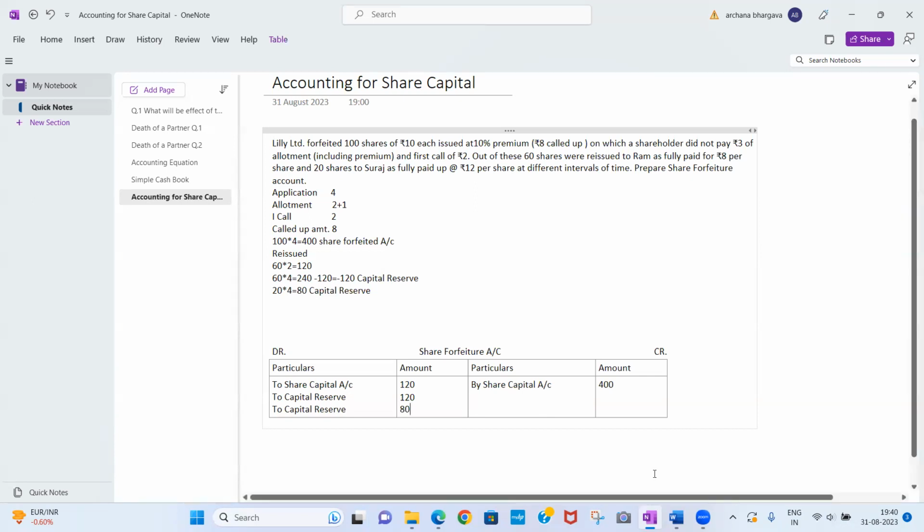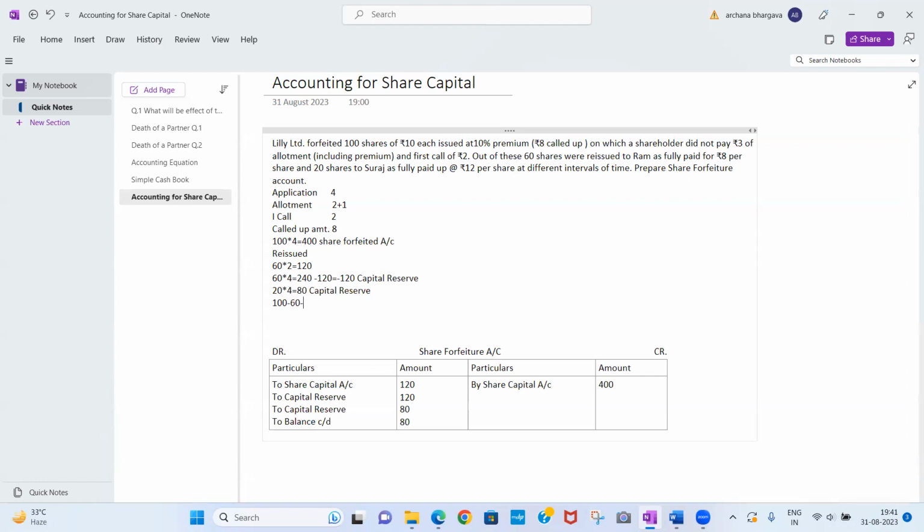Now, 400 rupees at the credit side, out of which we have settled 320 rupees. So what's the balance? Balance carried down is rupees 80. Now let us get this figure. Out of 100 forfeited shares, 60 were reissued, then 20 were reissued.